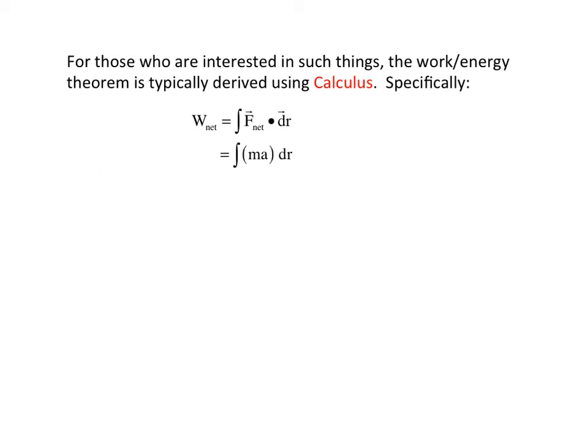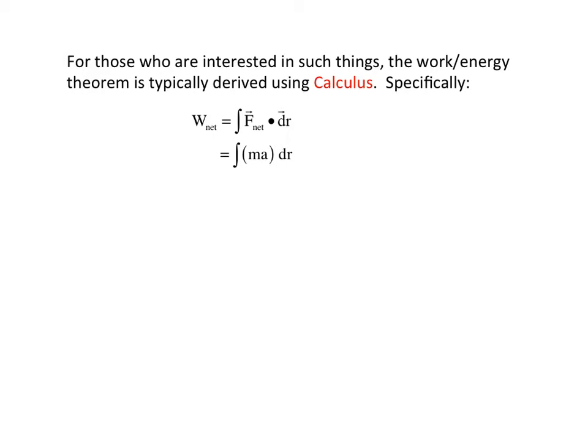Of course, this isn't the way that this is normally derived in a college level class, especially one that uses calculus. There the idea is that you take the force evaluated over a tiny little differential displacement somewhere along the path between where you start and where you end, and you do the dot product between the force and the displacement.